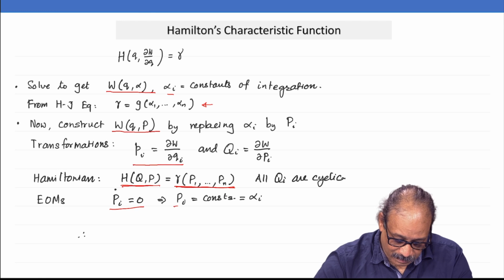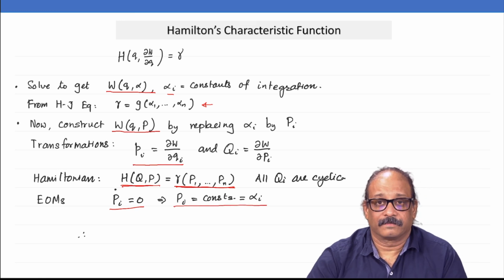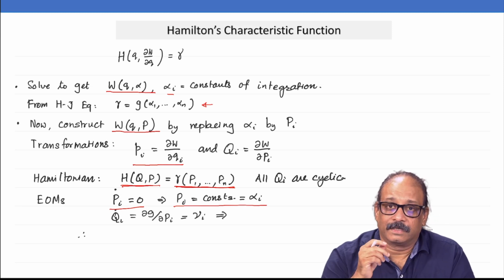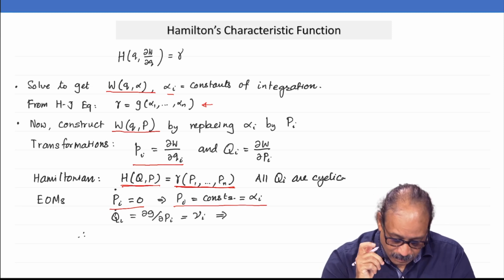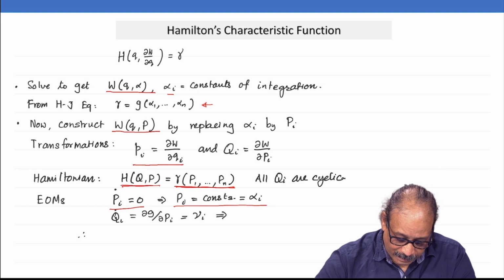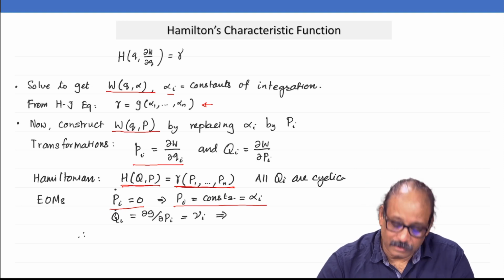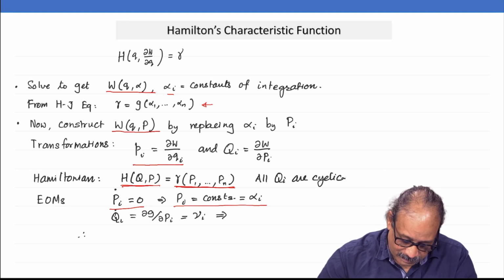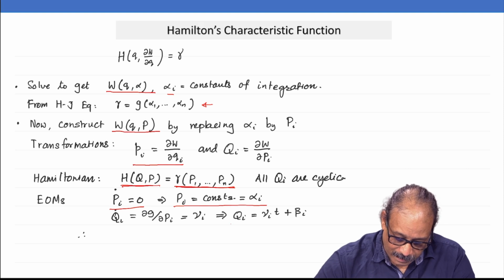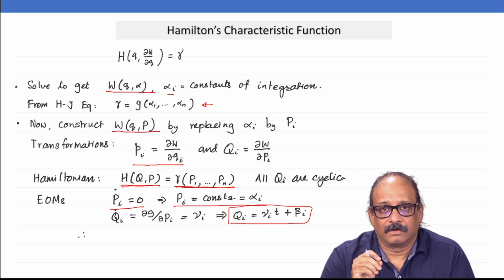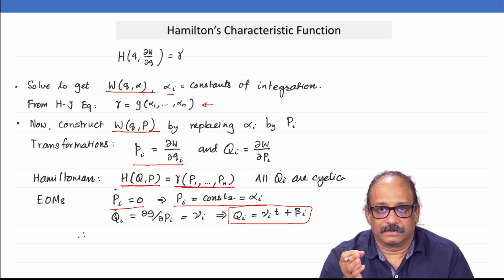That gives immediately that these must be constants, okay, some constants there. And then what about capital Q I? Oh, that of course must be equal to del g by del P I, which is equal to some nu I, say. Okay. And of course the integration of this is straightforward, and you get finally Q, which is a linear function of t plus some constants.